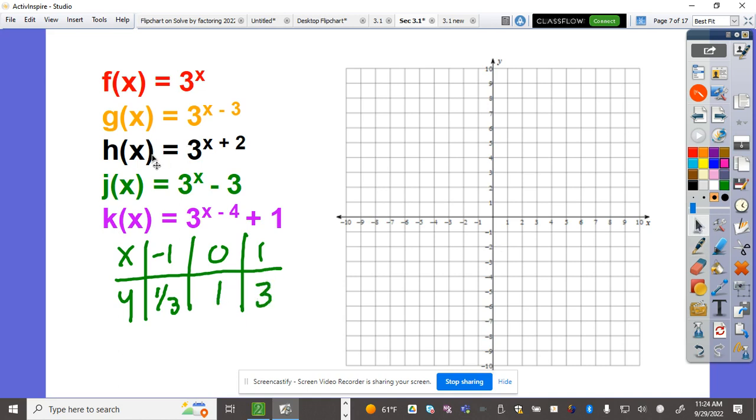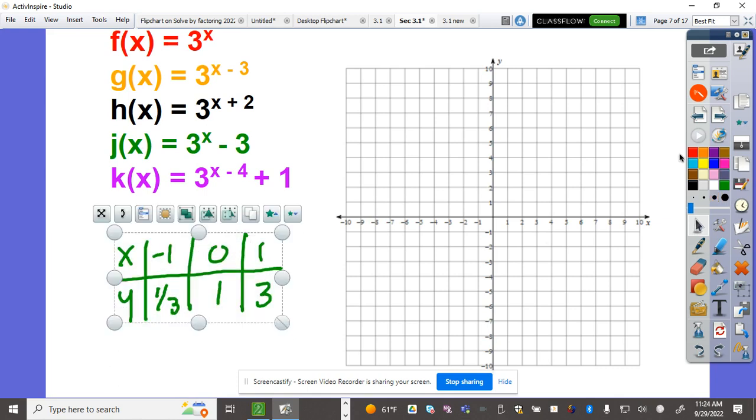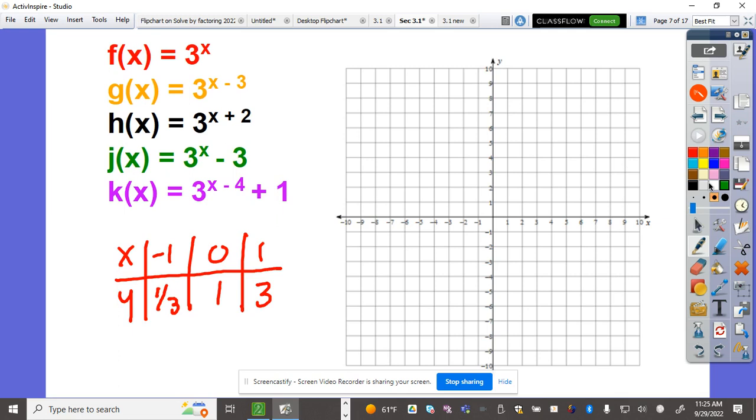I should have used red here to make it even. I'm going to use red because the f of x is red. So I'm going to go to negative 1, 1/3, 0, 1, and then 1, 3 right there. So my graph will be something like this for the f of x.